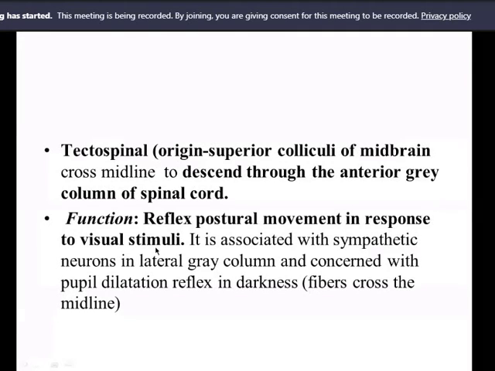Yes, sir, in practical done. In practical, you have done the light reflex and the accommodation reflex. So can you remember the pathway?